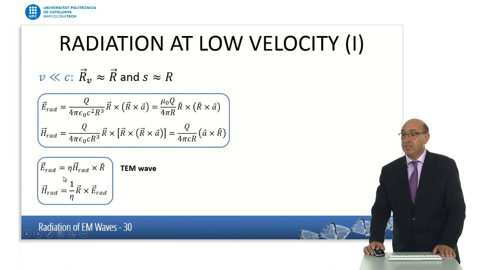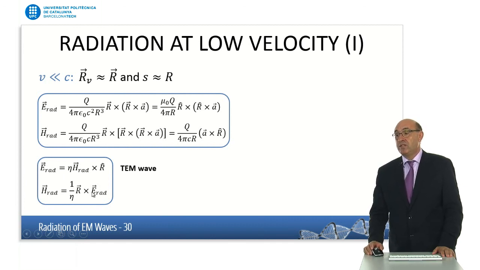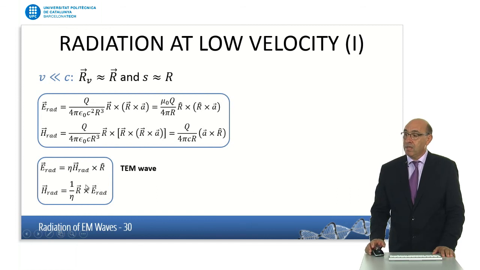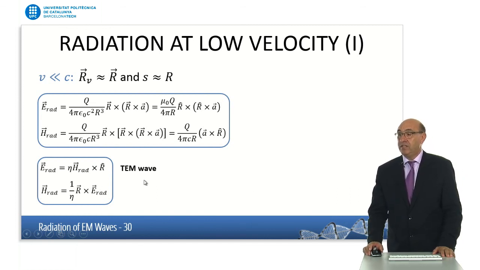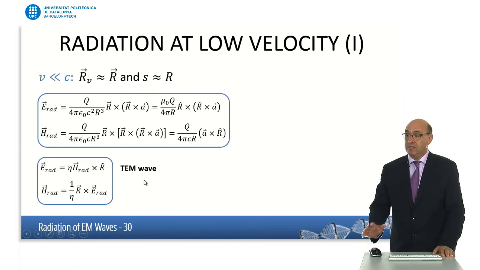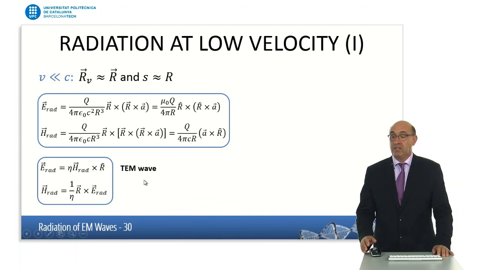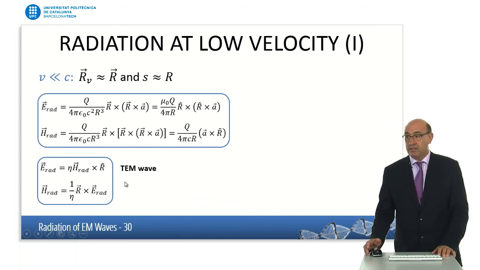But also we can say in exactly the same way that the magnetic field is proportional to the electric field, and we have the inverse of the impedance here. And we have here this unit vector. This is just the TEM wave. This is a transversal electromagnetic wave. And this is the kind of waves we encounter in communication systems or in the case of light.